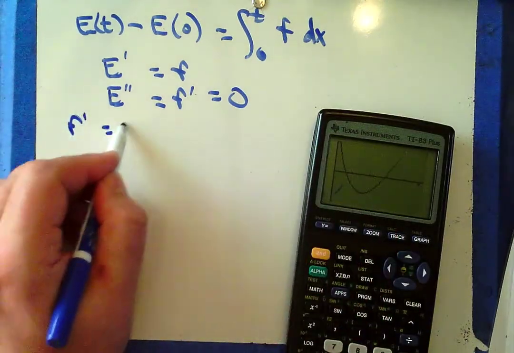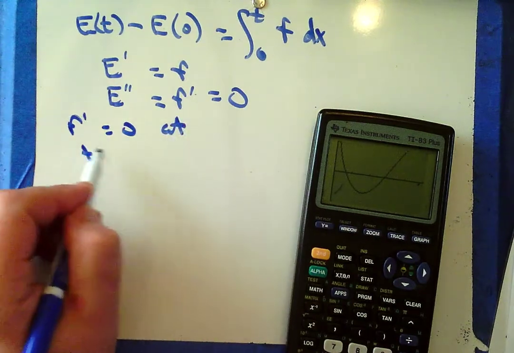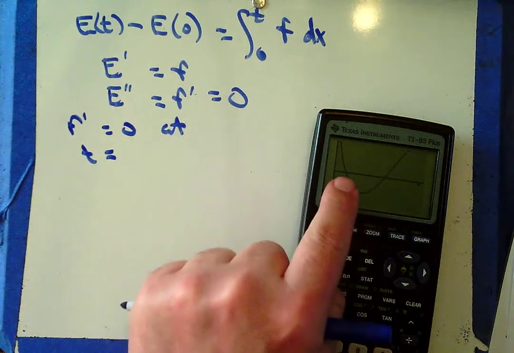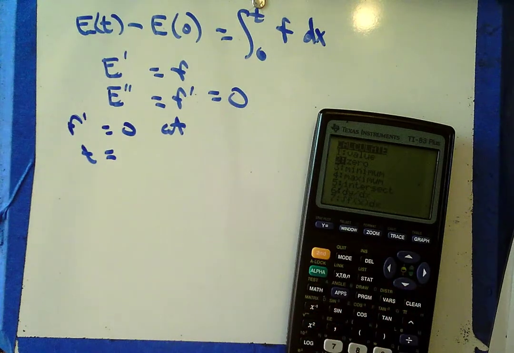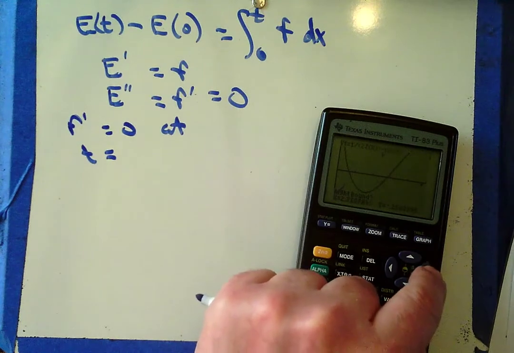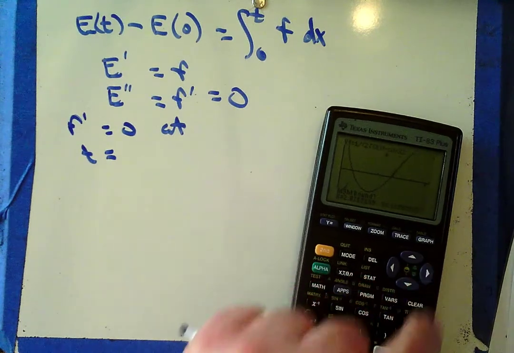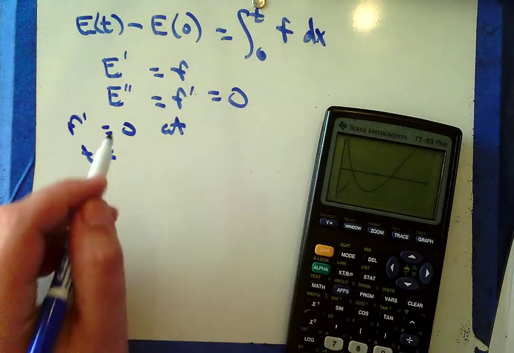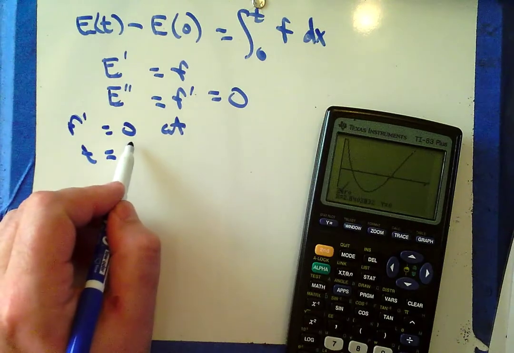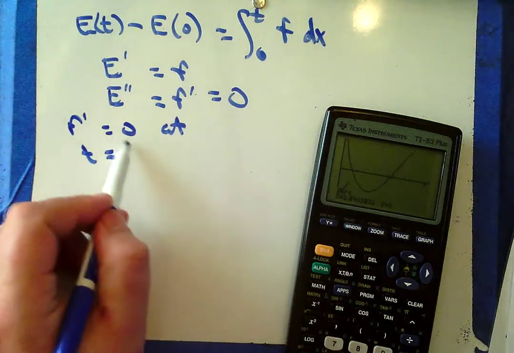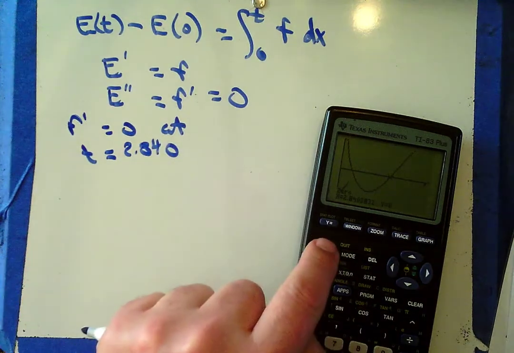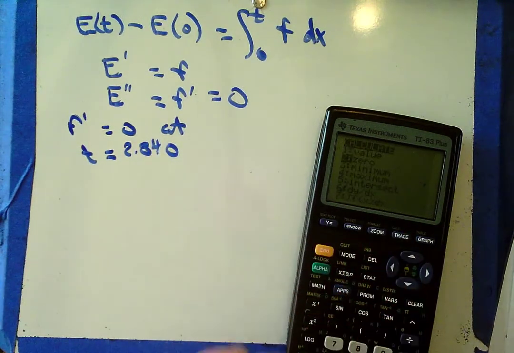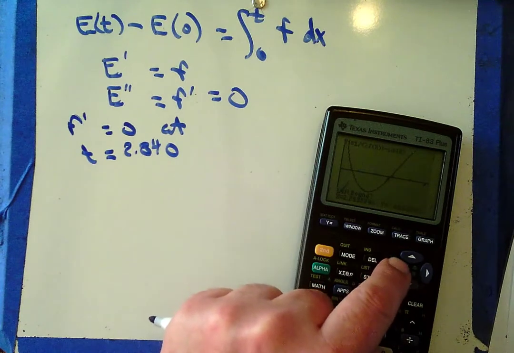F prime equals 0 at t equals this point and this point. Second, calculate 0. Bump, bump, bump. And I get 2.840. And then I find second calculate 0, this other one over here.